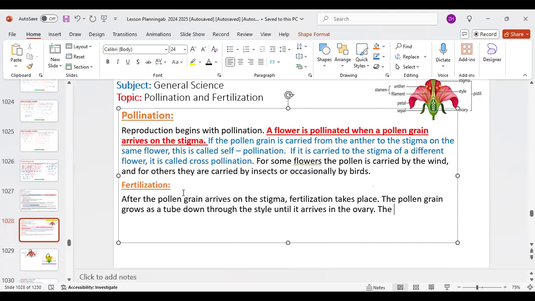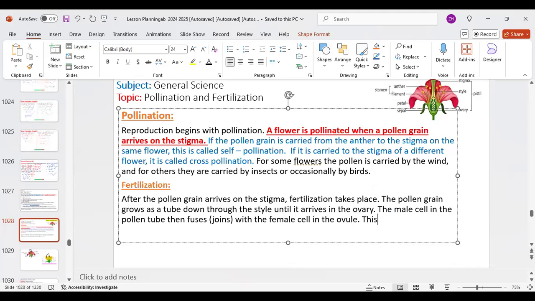The male cell in the pollen tube then fuses or joins with the female cell in the ovule.